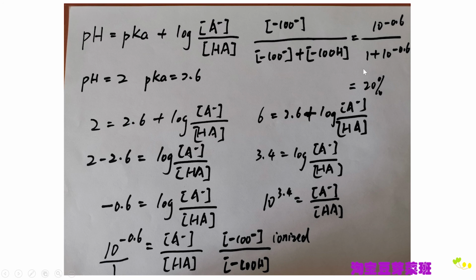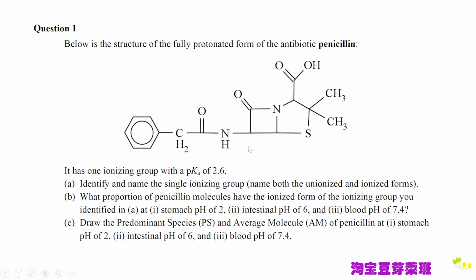So we get the answer of 20%. For the next question, the pH of 6, we don't need to calculate it further because the pH value differs from the pKa value by more than 2. For pH of 7.4, the difference is also larger than 2. So it is completely deprotonated. In the aqueous solution, it's 100% carboxylate.